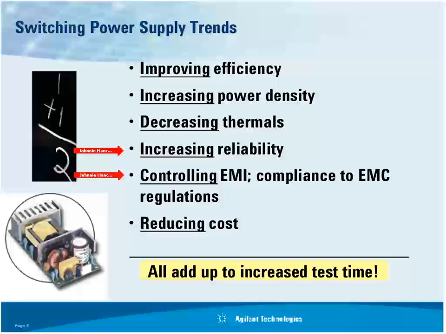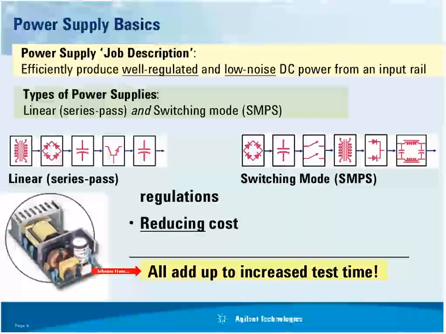And we'll talk about some of the trade-offs, and one of them is they generate more noise than a linear power supply. And of course, people want to reduce the cost as much as possible. And all of this adds up to increased test time for you if you're either a power supply designer or one that specifies for someone else, and then you get your power supply and must test it.